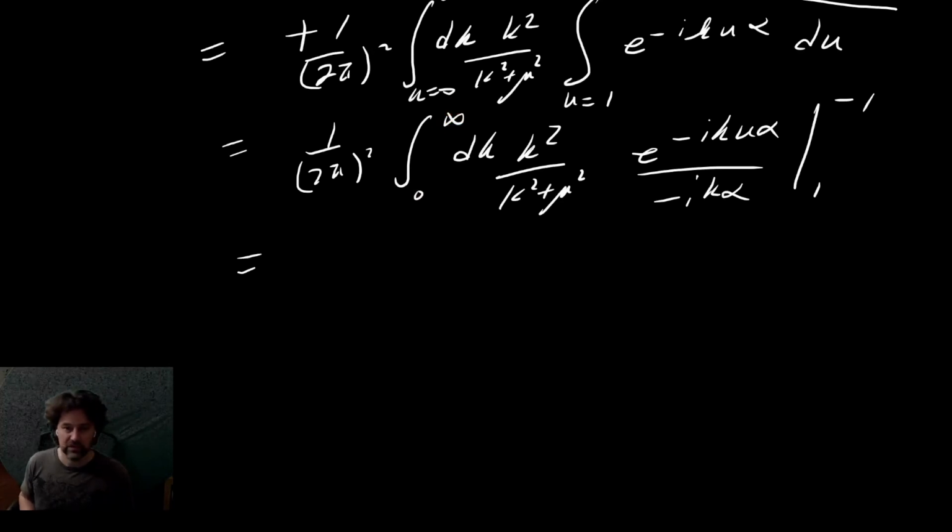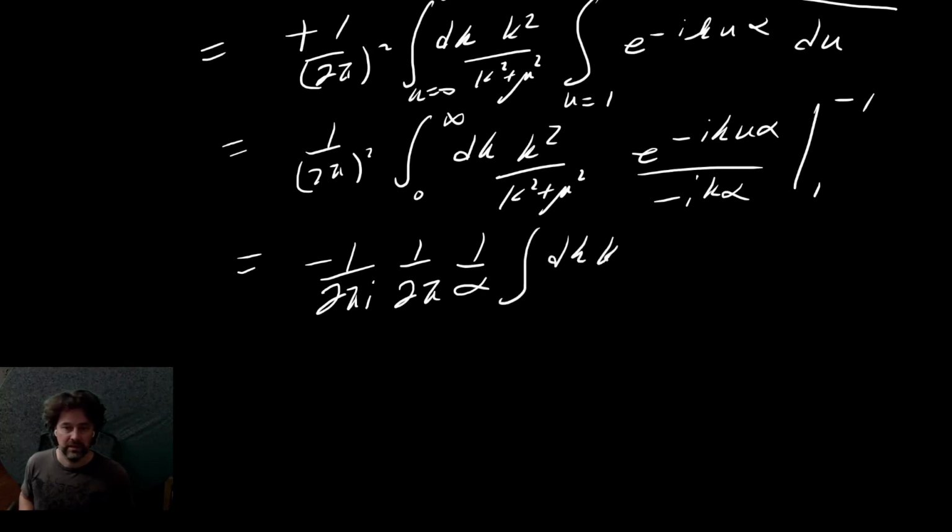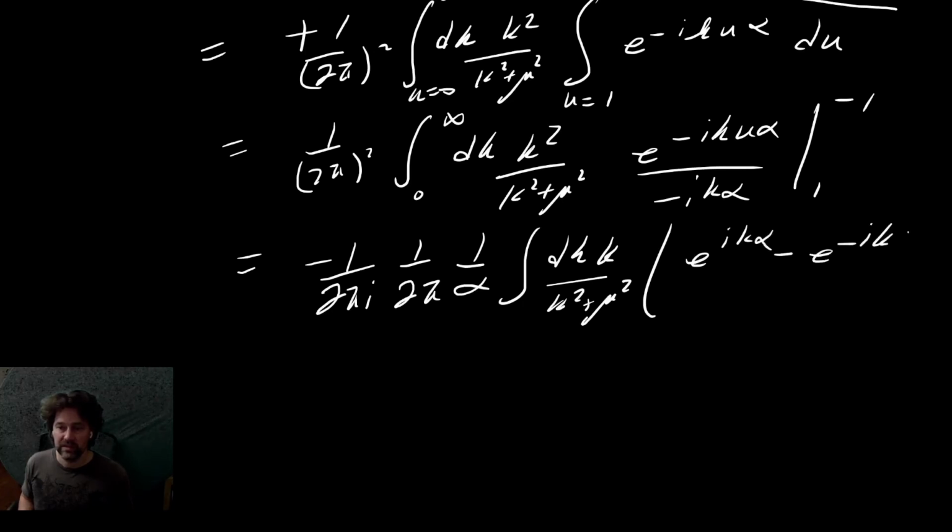So if we do this, we get minus 1 over 2 pi I, over 2 pi, 1 over alpha, integral dk, k over k squared plus mu squared, times e to the plus ik alpha minus e to the minus ik alpha.